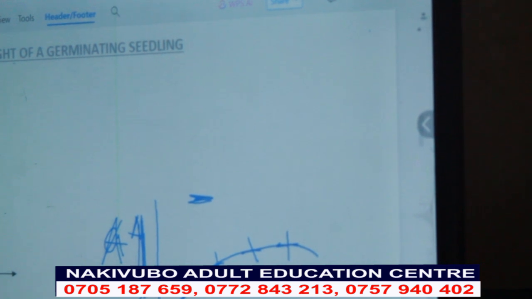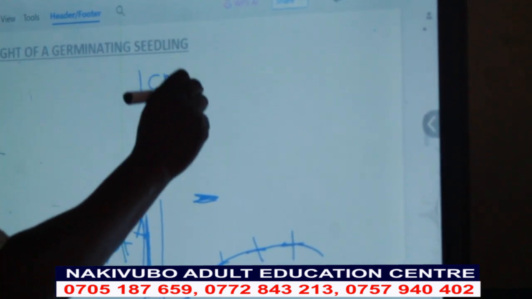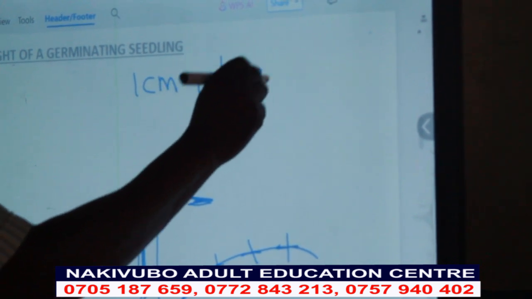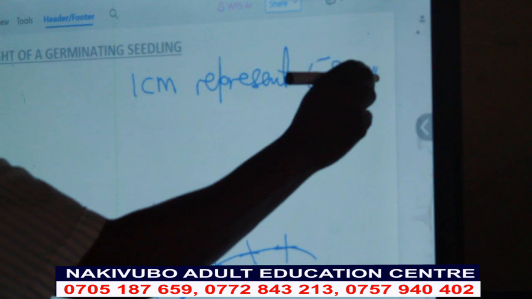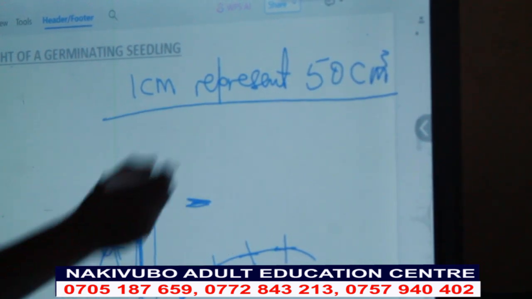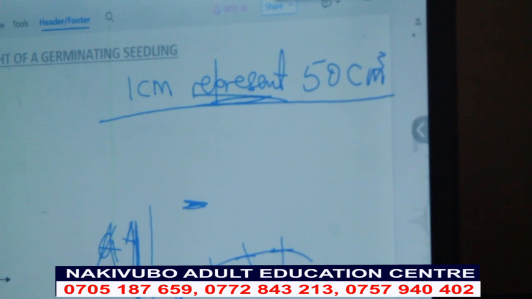I think we are in physics. 1 centimeter represents 50 cubic centimeters. So we write the whole word represent. Am I clear?